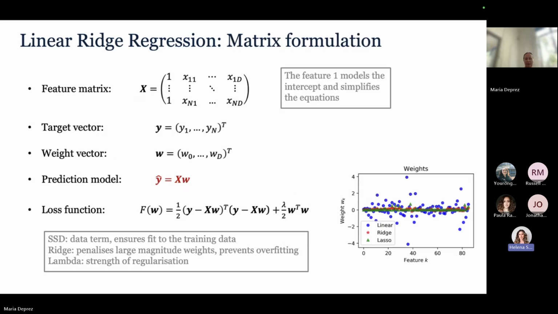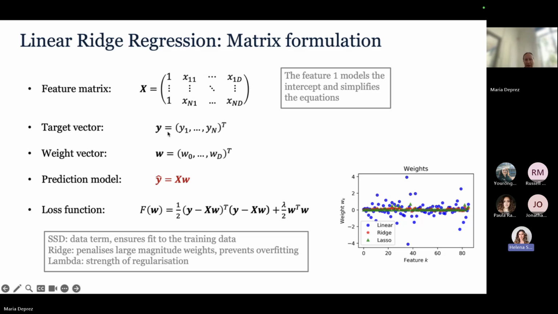So that's ridge. I will be using matrix notation because we would otherwise write forever. This is X, the capital X, our matrix where we put all our features. It will start with 1, which is for the bias term, and then we have D plus 1 columns, so the bias term plus the D features that we got, and we have n rows, which is for different babies, so different samples.